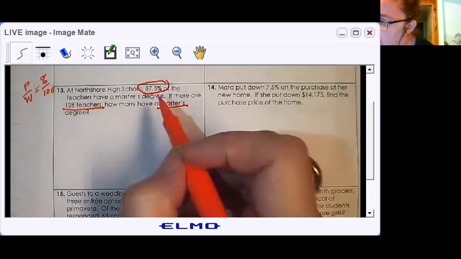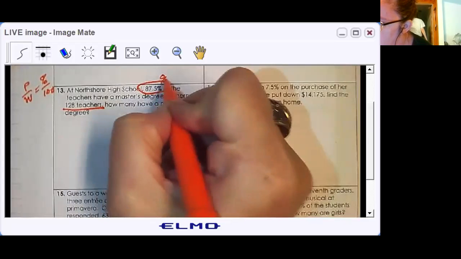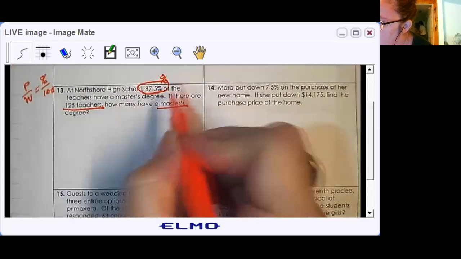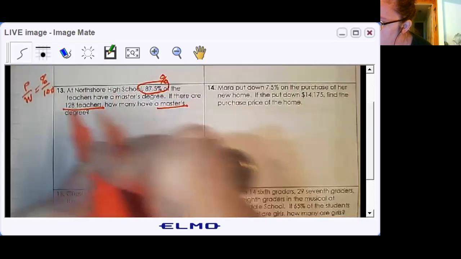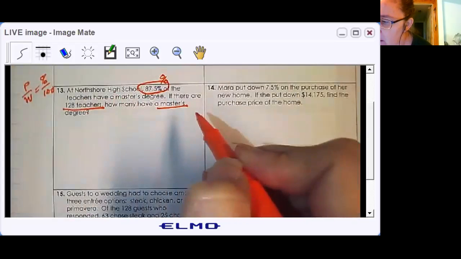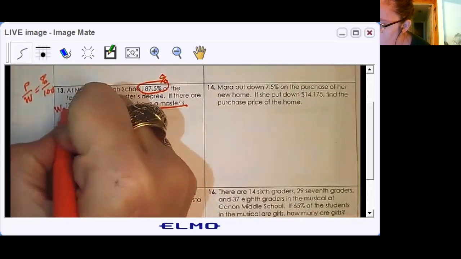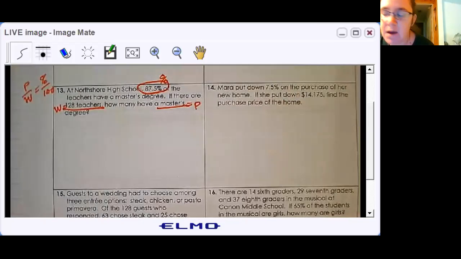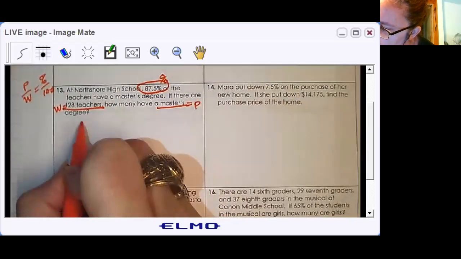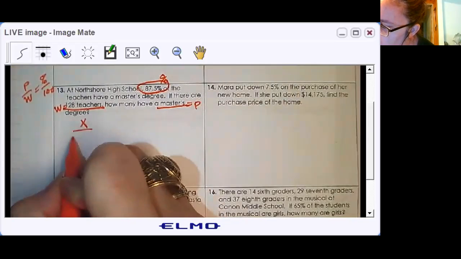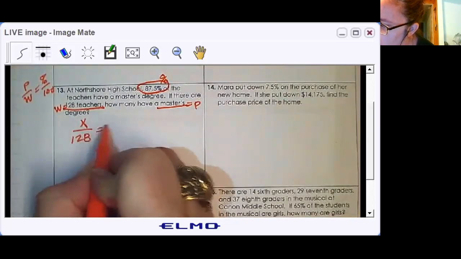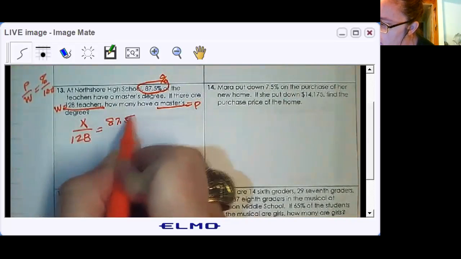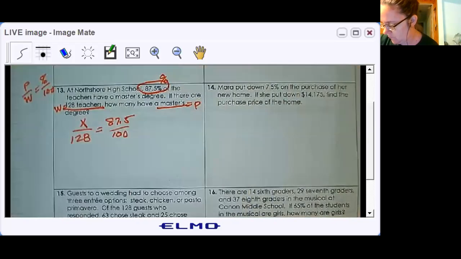Now, let's see. Here's my percent. It says there are 128 teachers in the building. So this is my whole. How many have their master's degrees? That's my part.